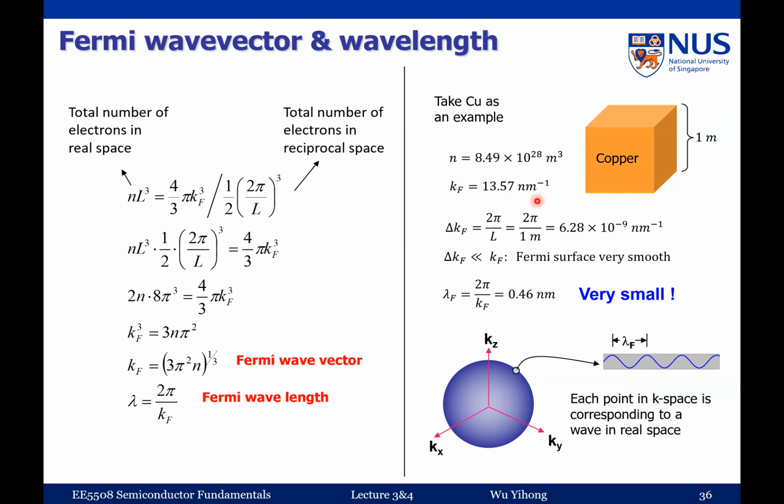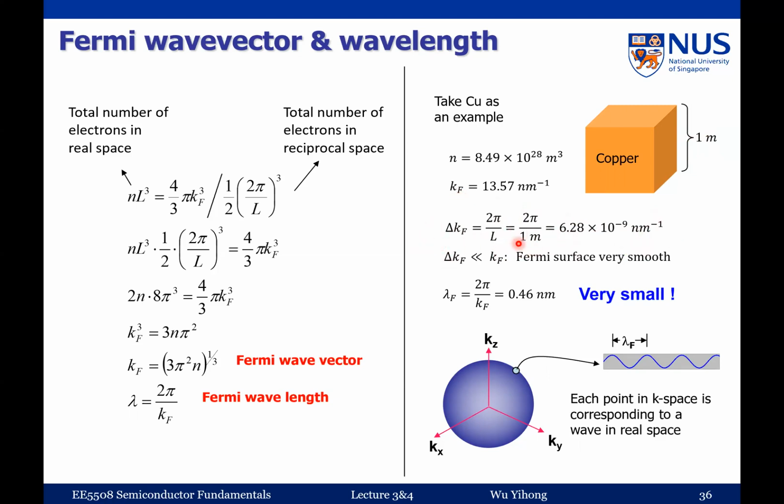Now if you look at delta Kf, delta Kf is basically the change in one direction in K space by changing one state. So that's basically 2 pi over L. Remember delta Kf is 2 pi over L. L is 1 meter, and putting it in here, you get this value. And you compare this delta Kf with the Kf, you can see this is extremely small, right?